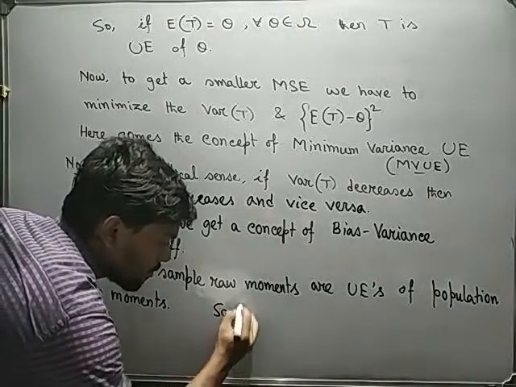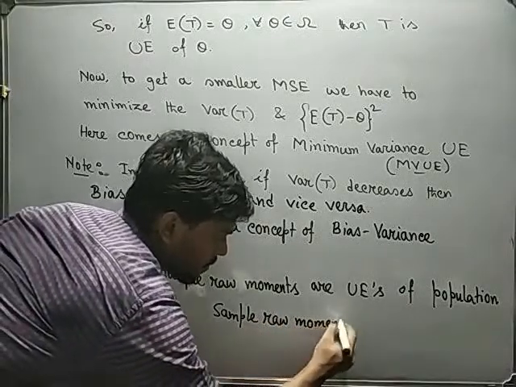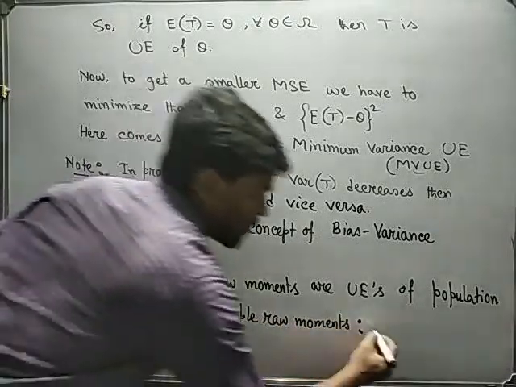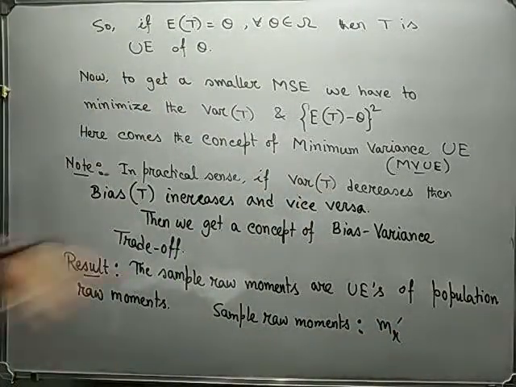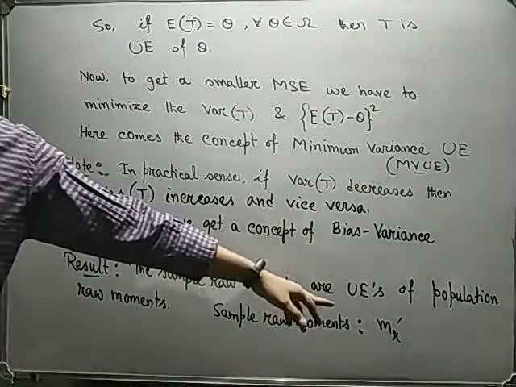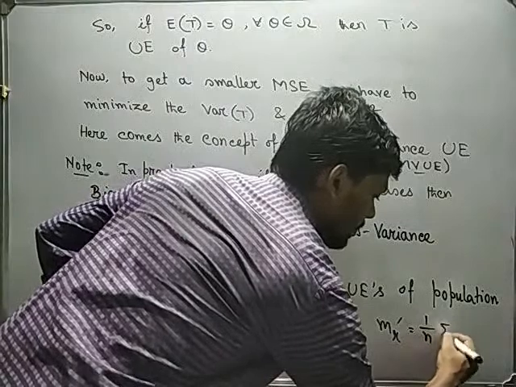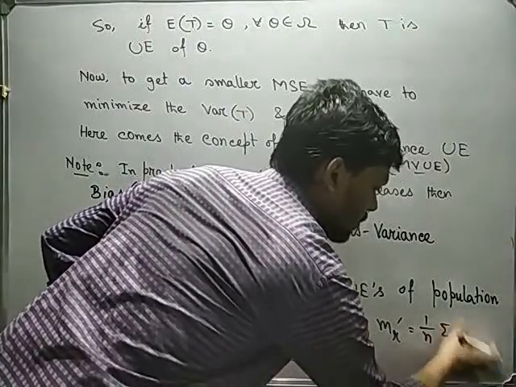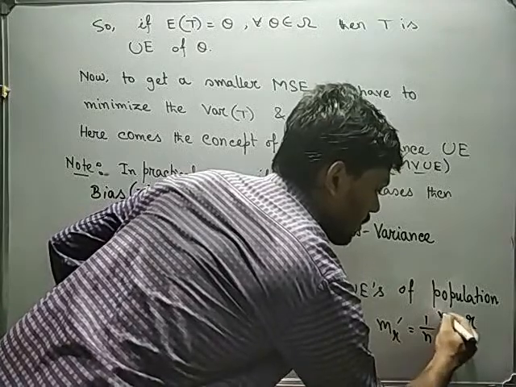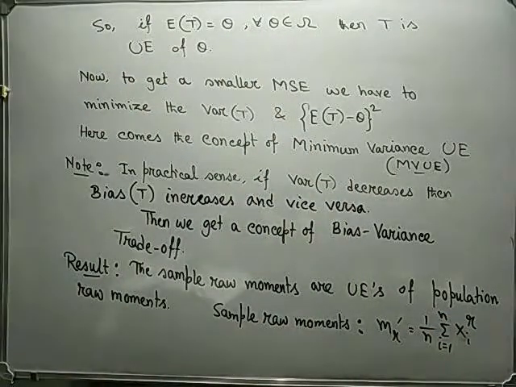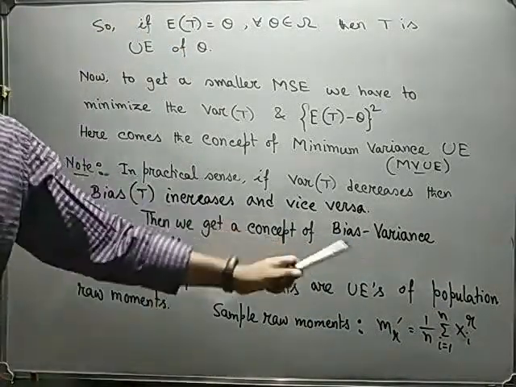Sample raw moments are basically M r dash. Mathematically, we can define this as 1 by n summation of xi to the power r. So 1 by n summation of xi to the power r is called the sample raw moment.